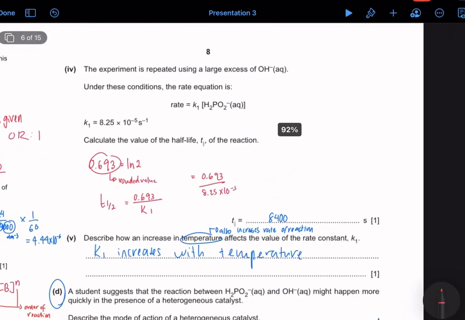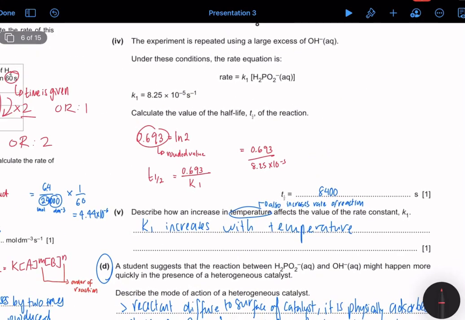Okay, question IV. The experiment is repeated using a large excess of OH minus. Under these conditions, the rate equation is this one, and your k1 value is 8.25 times 10 to the power of negative 5.